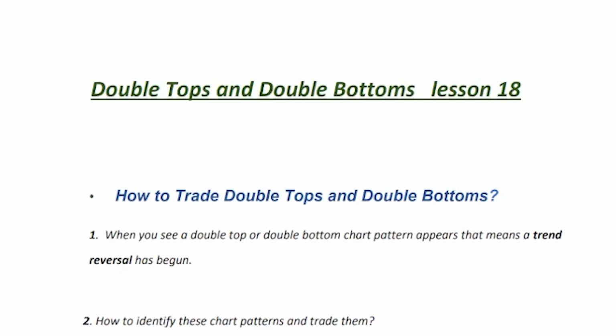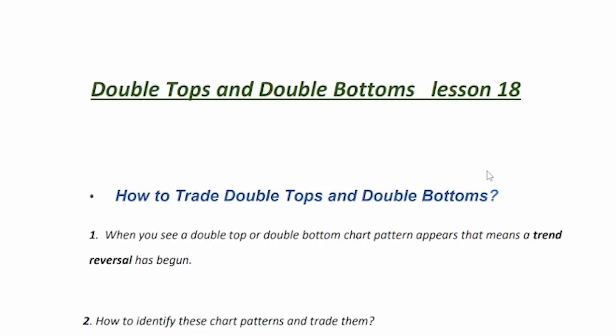How to trade the double tops and double bottoms. When you see the double top or double bottom chart patterns appear, that means a trend reversal has begun. When you see double bottoms or double tops, what you have to keep in your mind is that the trend is going to change direction.